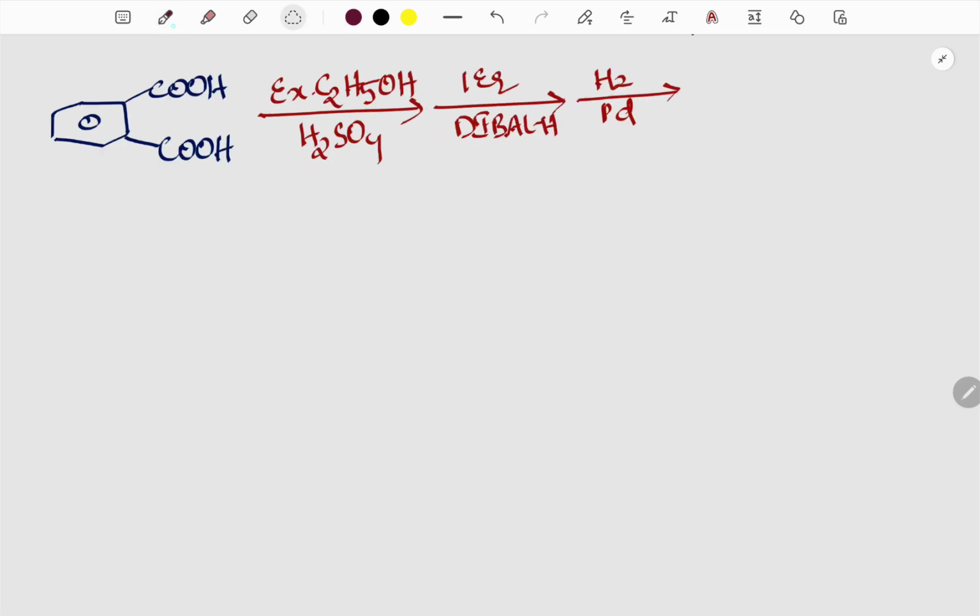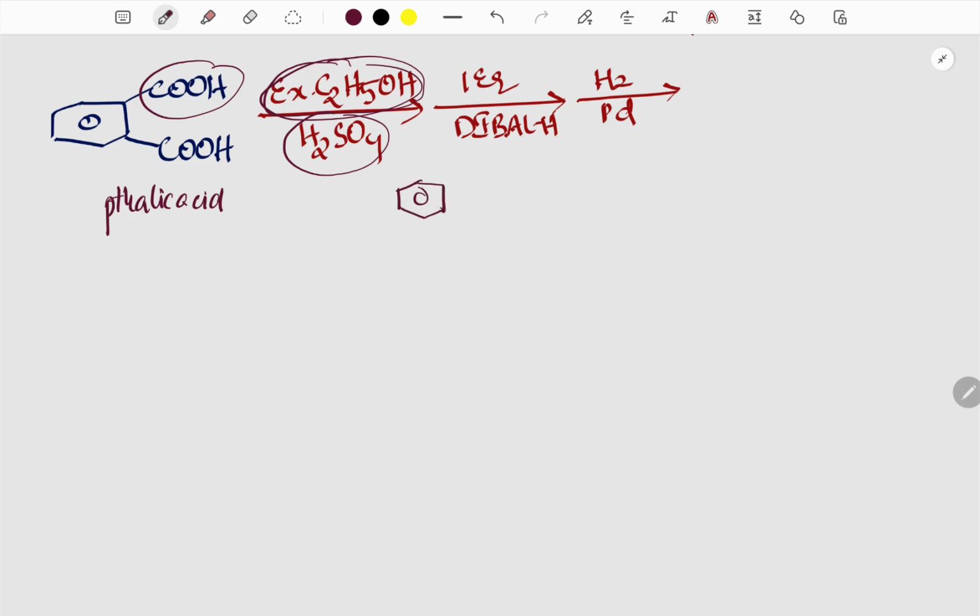It is a phthalic acid. So phthalic acid is treated with an excess of alcohol in the presence of H plus. Acid plus alcohol, esterification. So the lone pair attacks, the leaving group leaves.